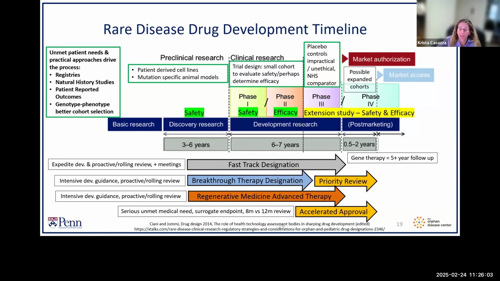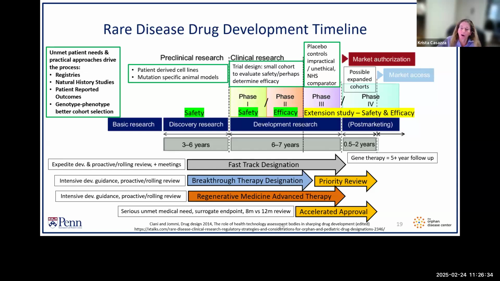The image is also really important here, in that it highlights where natural history studies can substitute for placebo controls, which are often impractical or unethical in rare disease trials, which we'll talk a little bit more about later. And the genotype-phenotype relationships identified during the natural history registries are also predictive and predicated on the ability to stratify patients by progression and response to treatment.